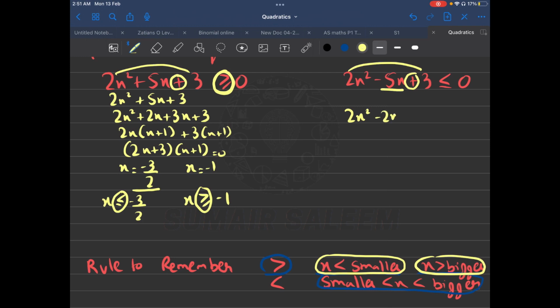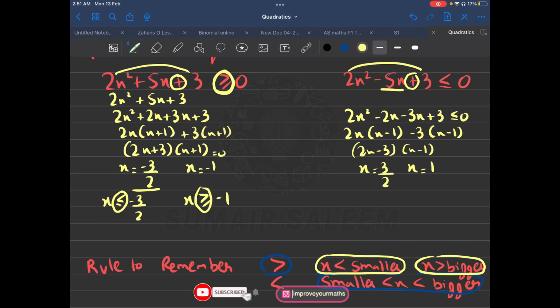So minus 2x minus 3x plus 3. Got this? So let's take 2x common, x minus 1. Let's take minus 3 common, x minus 1. So 2x minus 3, x minus 1. So one value of x is 1 and the other is 3/2.